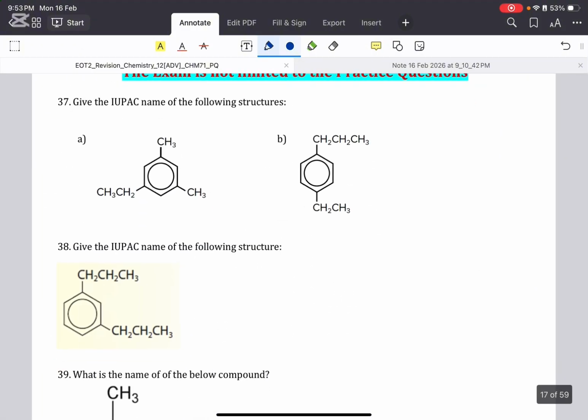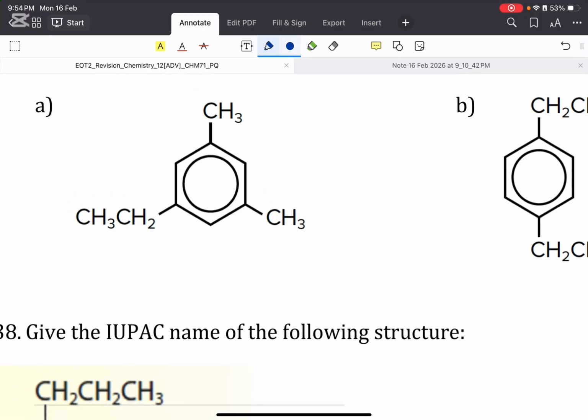How do I name these compounds? Give the IUPAC name. So, first, you need to number the branches in a way that gives them the lowest possible number. If I number this as 1, 2, 3, 4, and 5, I'm going to get branches on the first, on the third, and on the fifth.